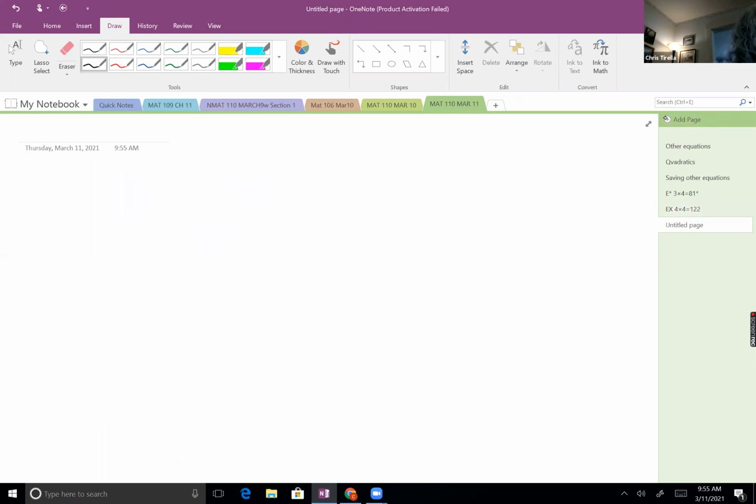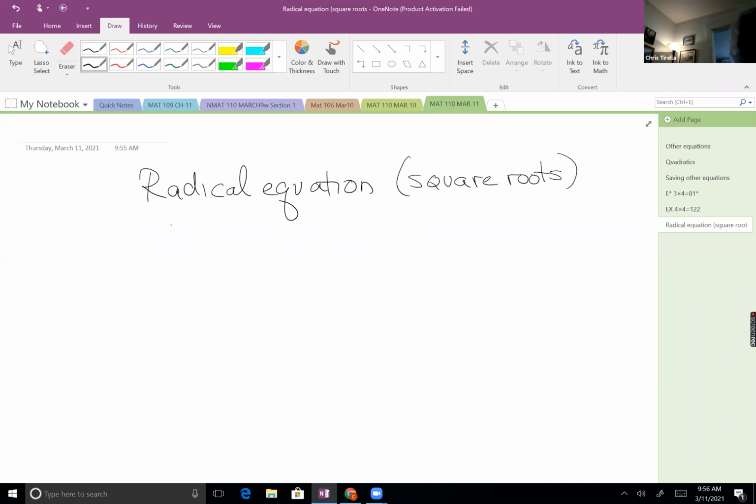The second type of equation that we're going to look at today are radical equations. Today we're going to just focus on one type where they're square roots. To be considered a radical equation, the variable is in the radicand.